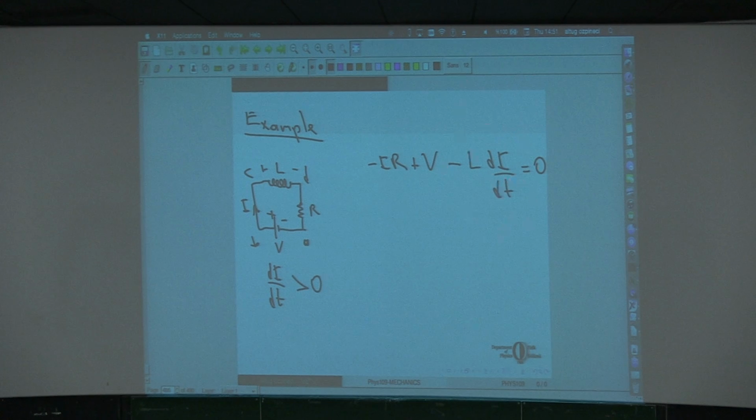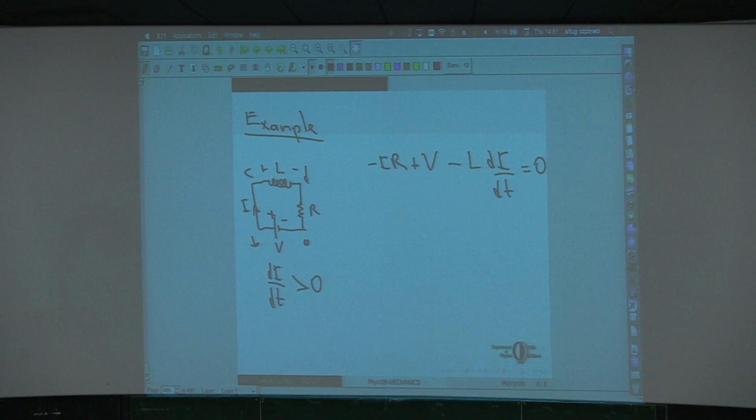It will be a very large frequency times the amplitude of the current, but that should have some fixed value. That means the current cannot be that big. So for very large oscillating potentials, the inductor just behaves like an insulator.